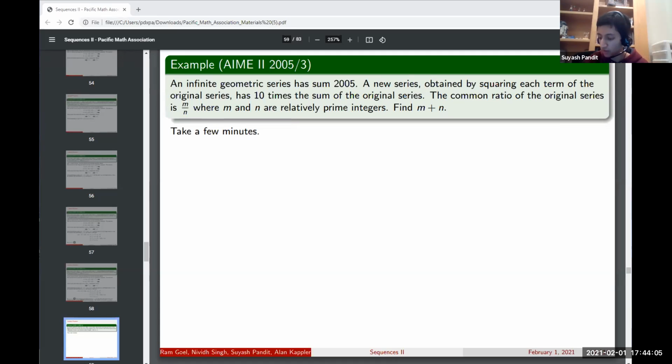This is pretty challenging, but you need to figure out how to manipulate the equations in the right way. So keep at it.